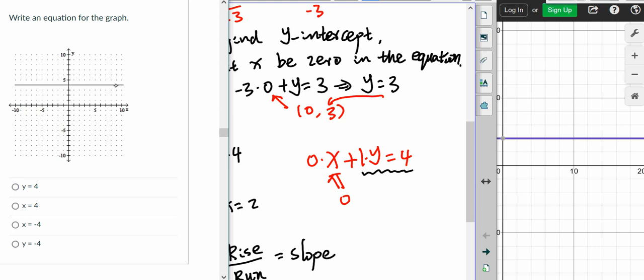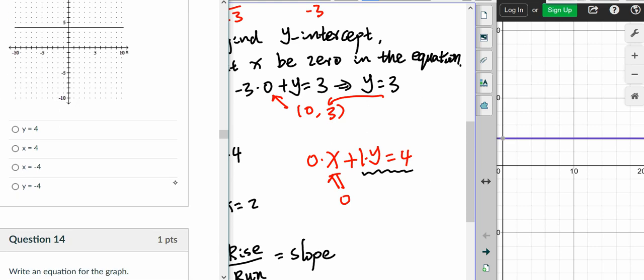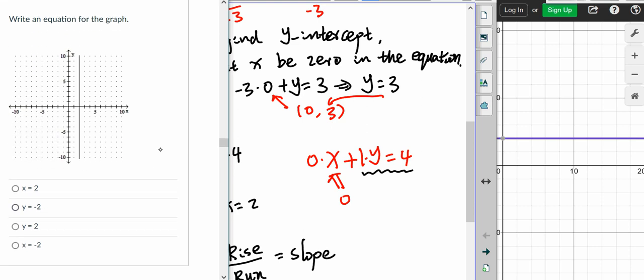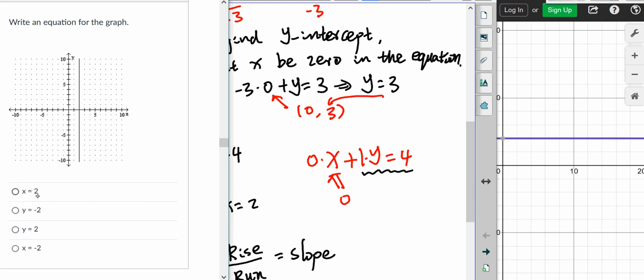Well, this is horizontal direction, horizontal line. Then vertical line would be the same. You see right here, 1, 2, 3, 4, 5. So here x is a constant, 2. Okay, so you can see, then we will choose what? x equals 2, the first one.